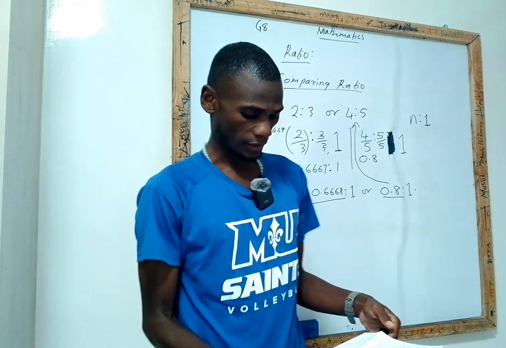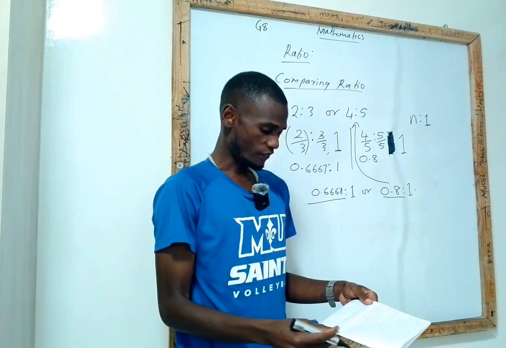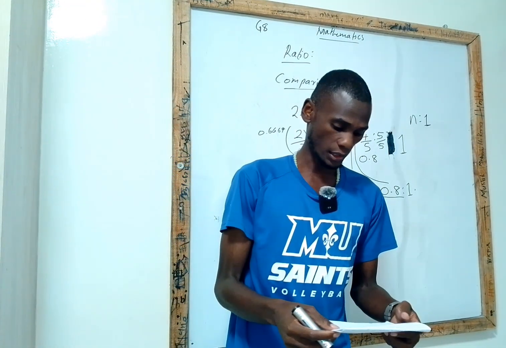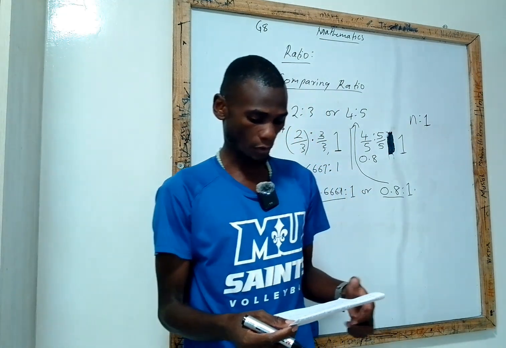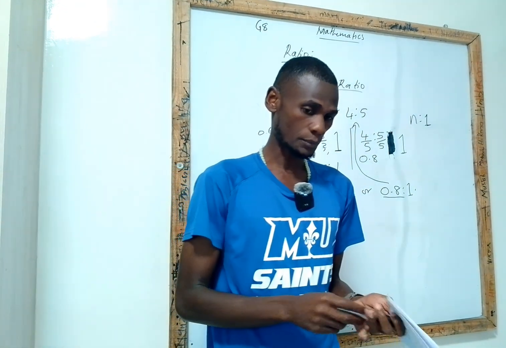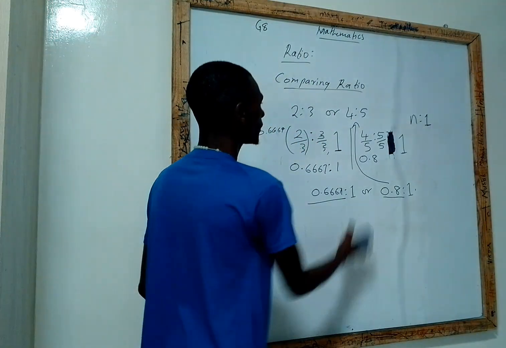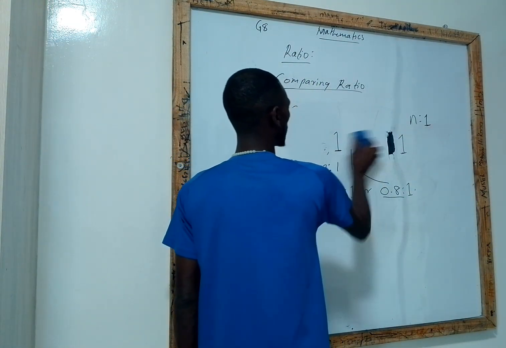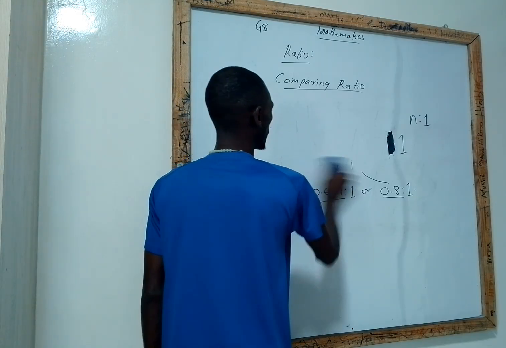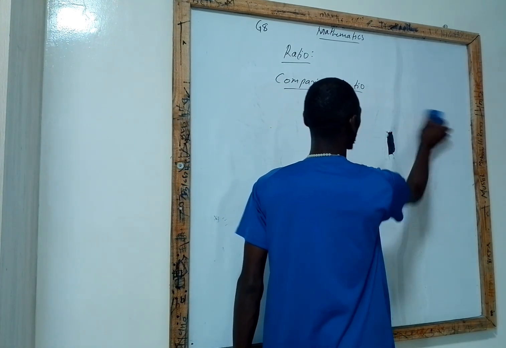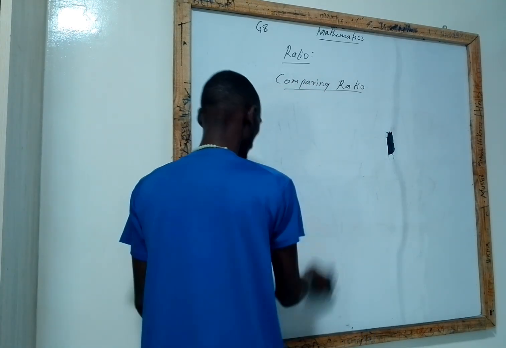Let me check another figure. You are told to express the following ratios in the form n to ratio 1. Let me explain more of this so that at least you can get what we mean by that.